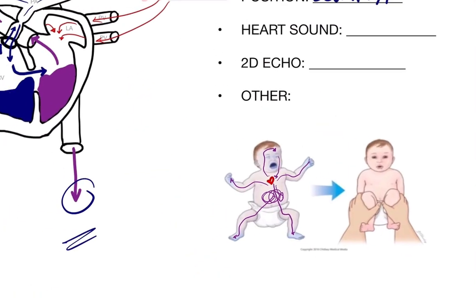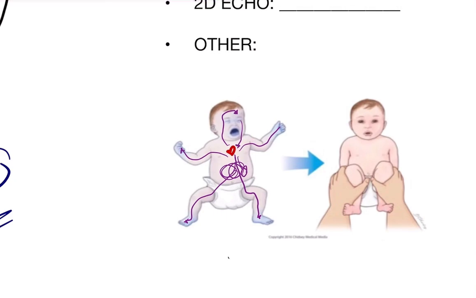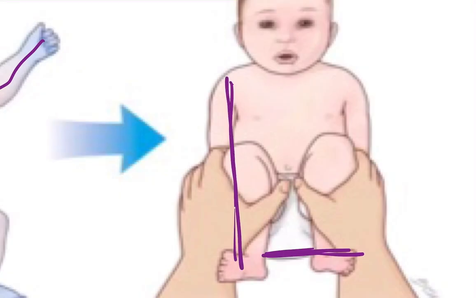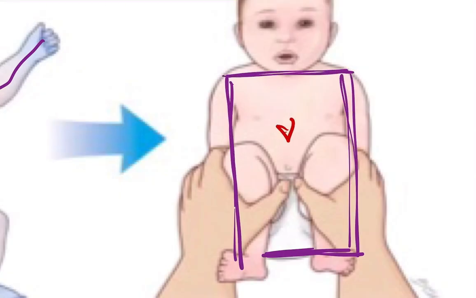Hence, we want to increase systemic resistance. Okay. Basically, we are cutting the circulation off here. Okay. Keeping the circulation over here. So our heart only has to deliver that oxygen over here to the abdomen.